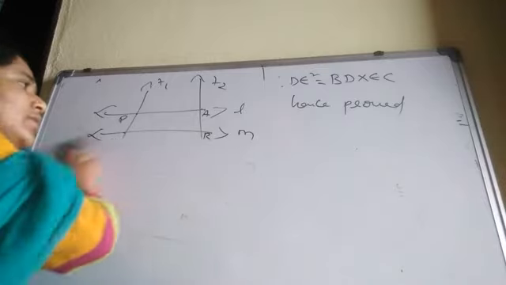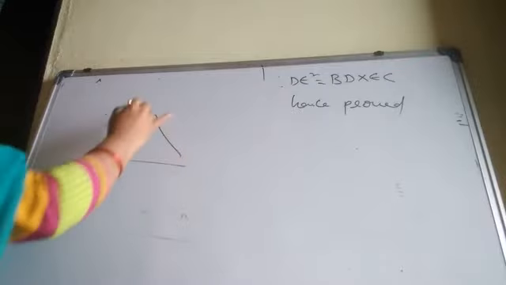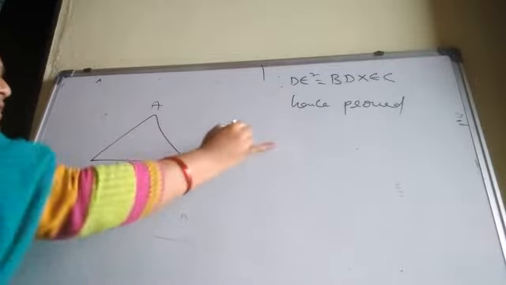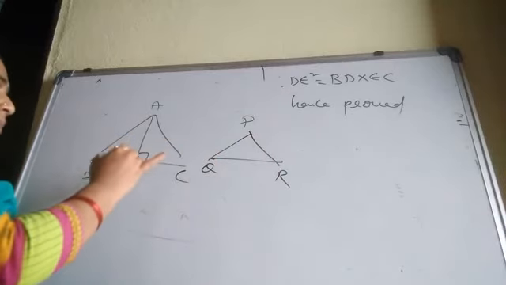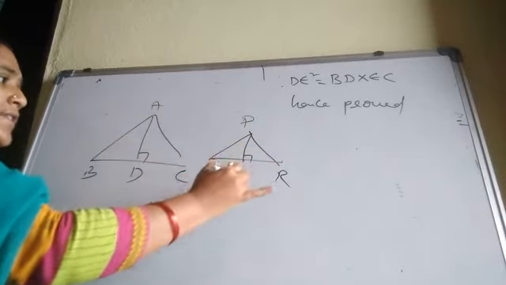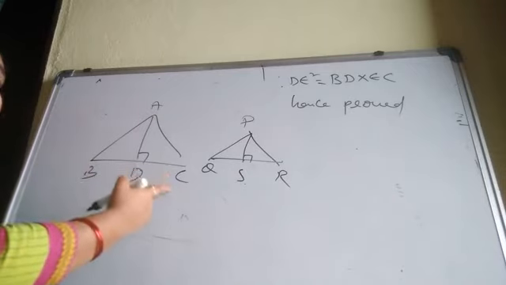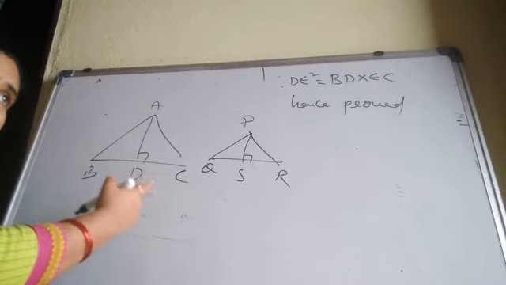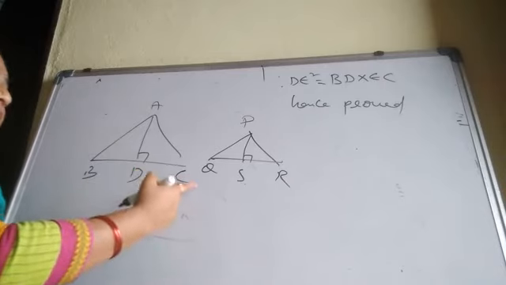That condition is what? If you take 2 triangles, here this one triangle ABC, here small triangle PQR, and here we have to draw perpendicular. Here you draw this one S. Condition what? Ratio of areas of 2 similar triangles is equal to ratio of squares of corresponding sides.